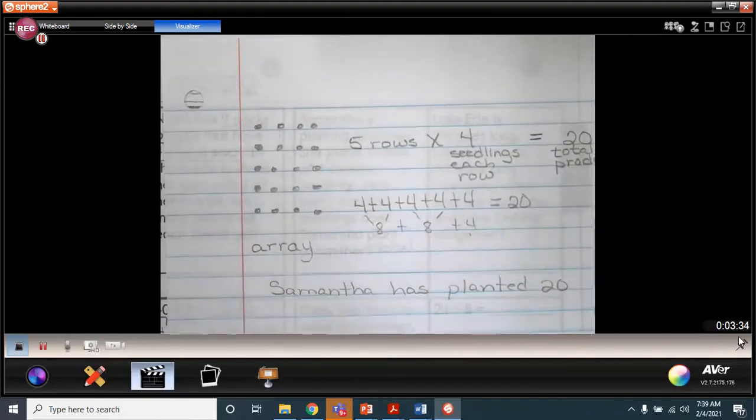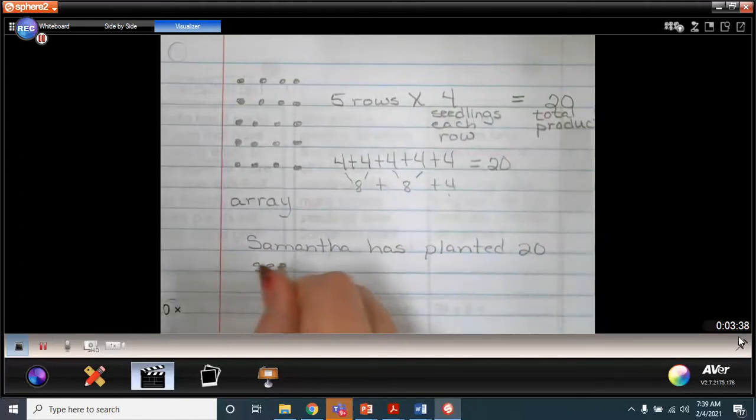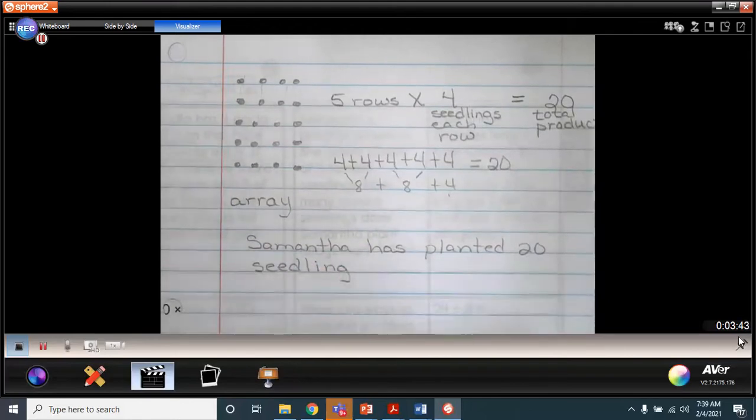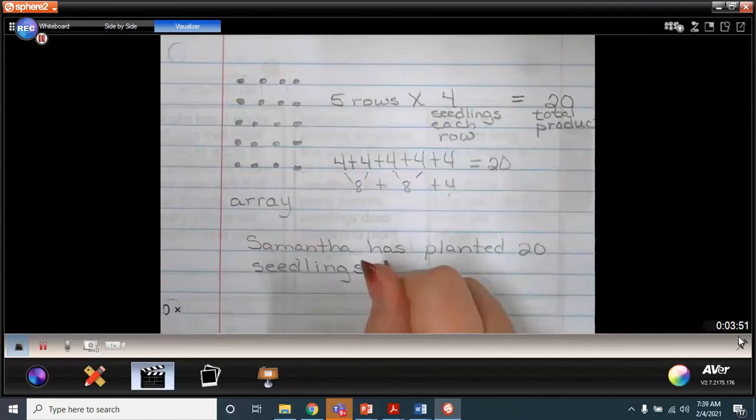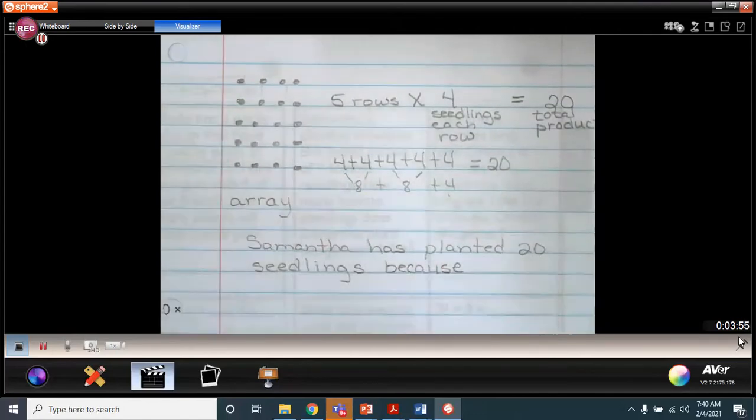And remember, seedlings are baby plants. Sometimes when you go to Walmart or some of the other garden stores, they have the seedlings already ready for you to plant. So Samantha has planted 20 seedlings because, and there's many different ways that we could explain this.